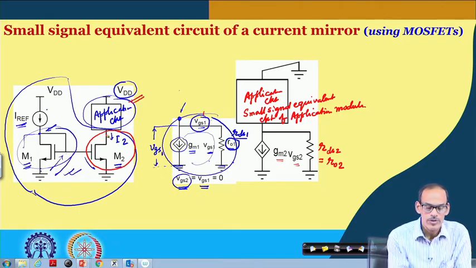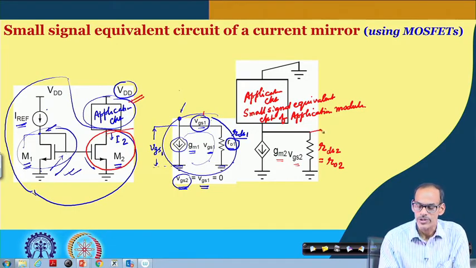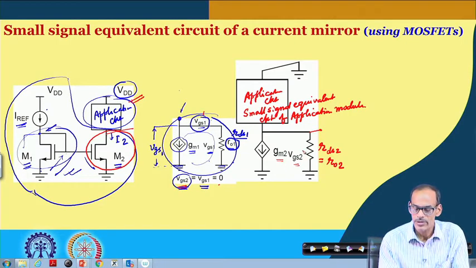And then whatever the voltage we do have, we have this voltage. Now, since VGS2 is equal to 0, we can say this part is equal to 0.